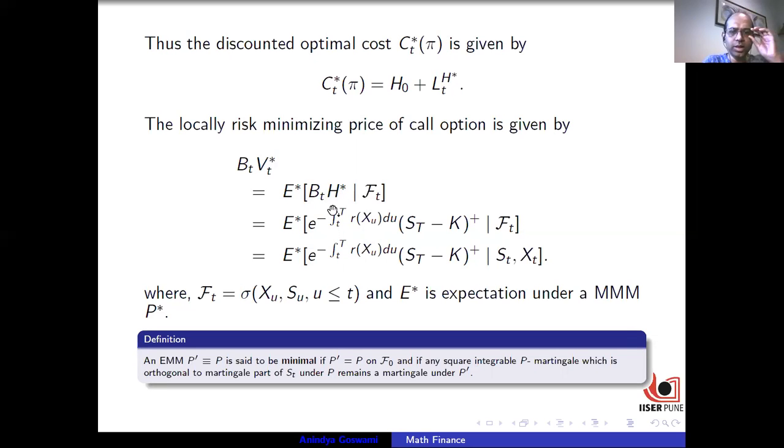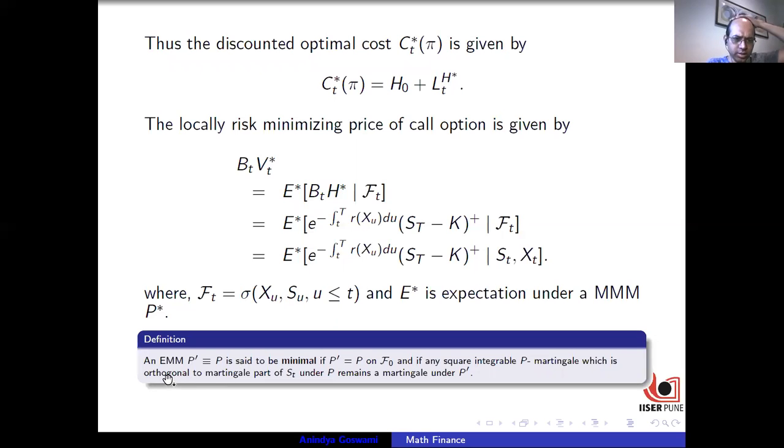And then S and X are a Markov chain, so FT can be replaced by S and X. So this is one way of writing down the option price, and V star T is actually VT, the option price. So the option price can be obtained using this conditional expectation, under the equivalent minimal martingale measure.